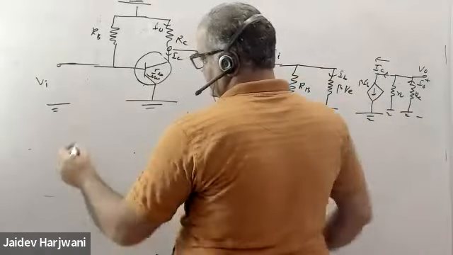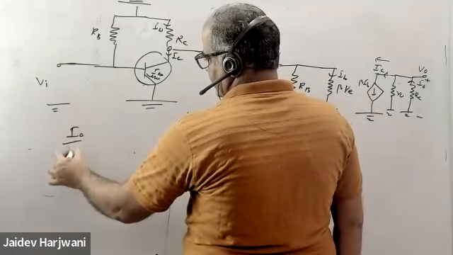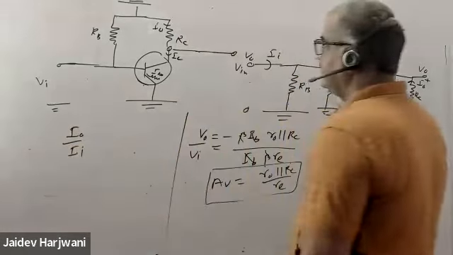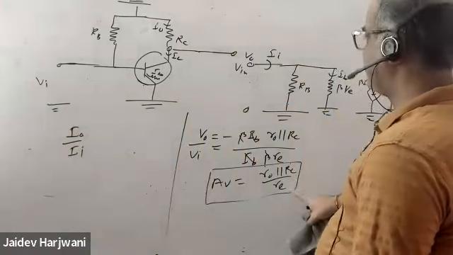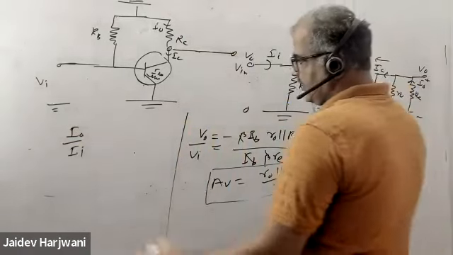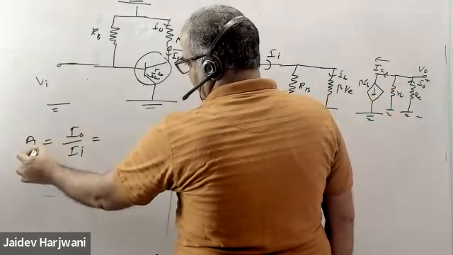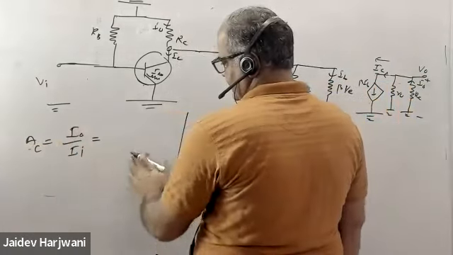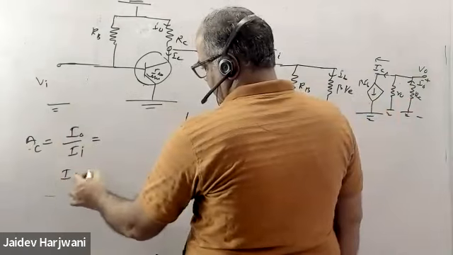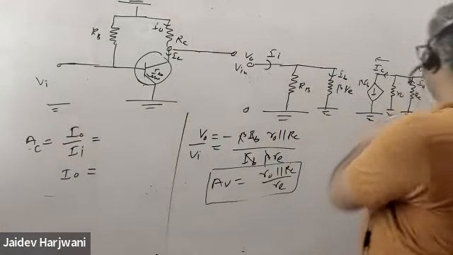So current gain is nothing but I output upon I input. Okay, this is RC, R naught, RE. Now we need to calculate current gain AC. So I naught can be calculated from this circuit.